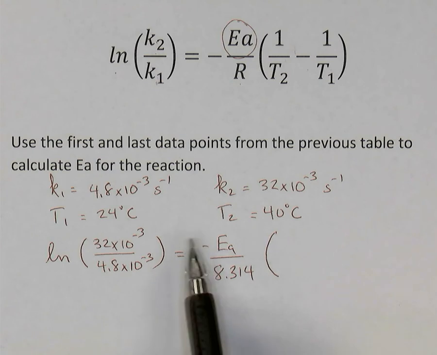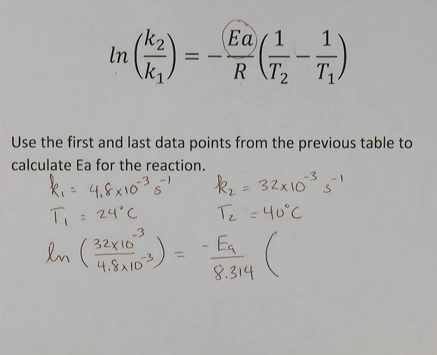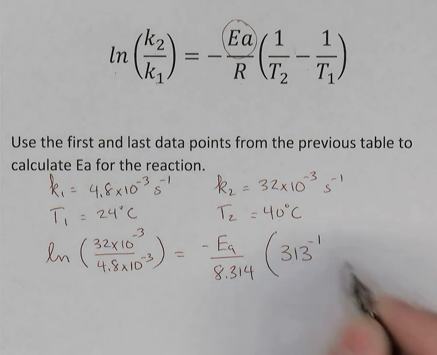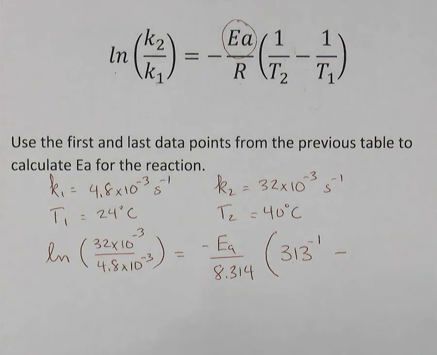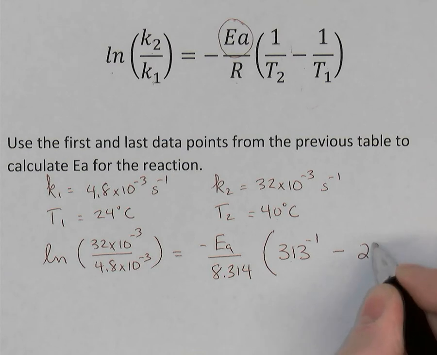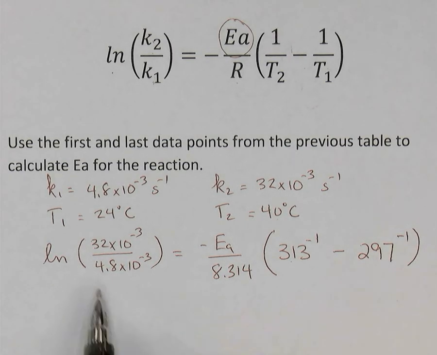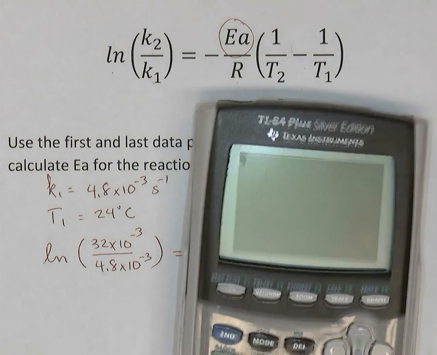So for T2, that'll be 40 degrees Celsius, we add 273 to that, and we'll get 313 Kelvin reciprocal, minus T1 reciprocal. T1 was 24 degrees, so that's going to be 297 Kelvin reciprocal.